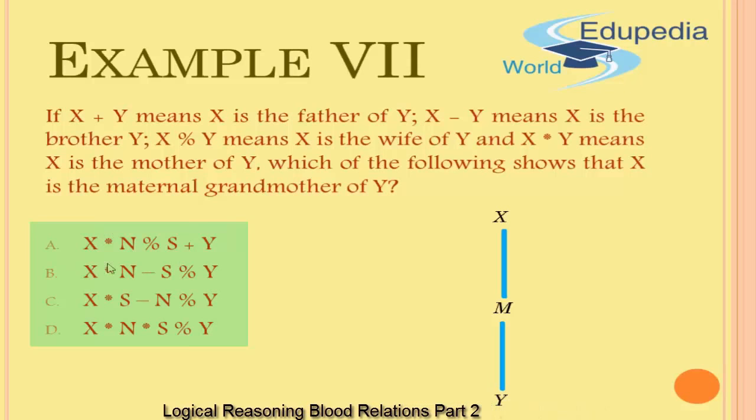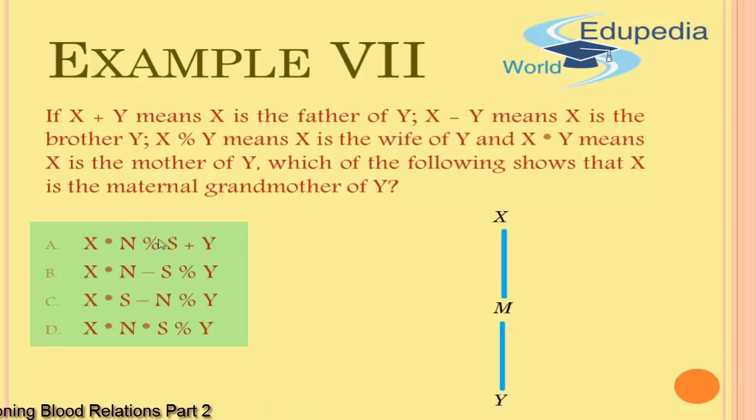Now I will check the relationships. So x asterisk n means that x is the mother of n. So n is a lady. N percentage s means n is the wife of s, and s plus y means s is the father of y. So x asterisk n means x is the mother of n, n percentage s means n is the wife of s, so n and s are husband and wife, and y is the son of s.